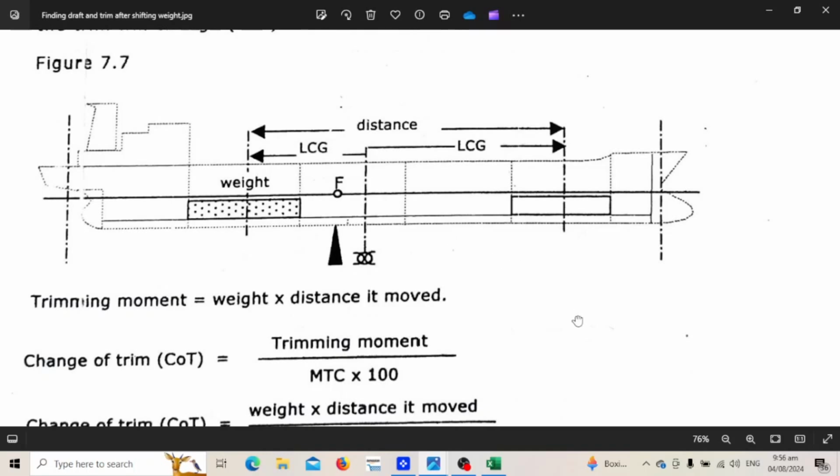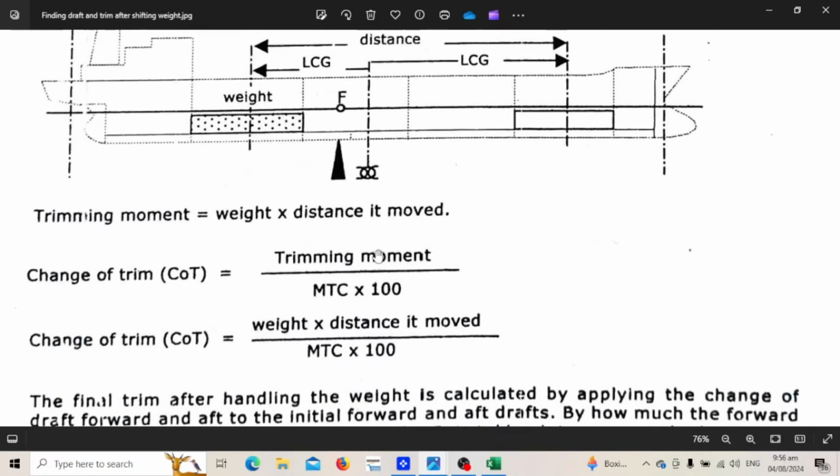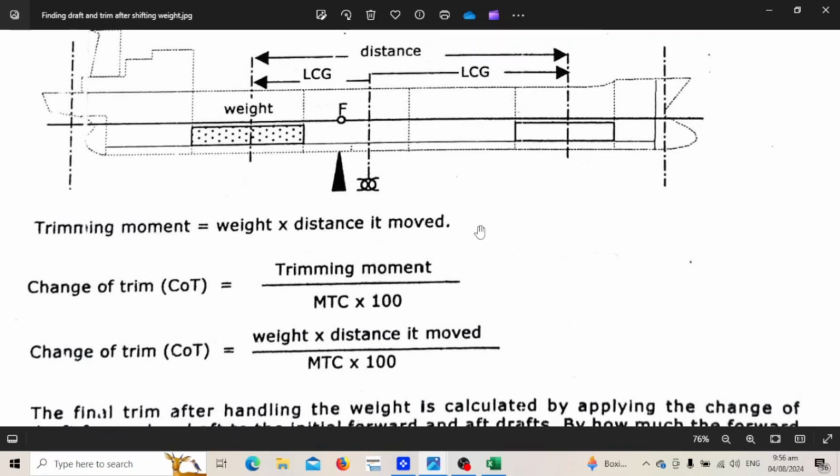Okay? And it says here, trimming moment is weight times distance as it moves. So for example, from hold number 2, you shift it to hold number 1.